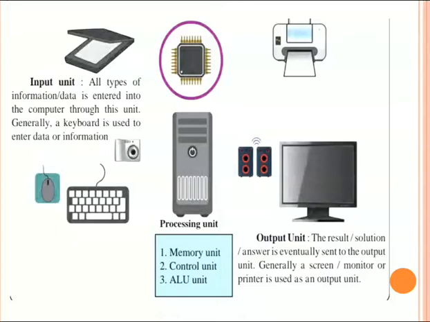Generally a screen or a monitor or a printer is used as an output unit. The processing unit includes memory unit, control unit and the ALU unit, arithmetic logic unit.